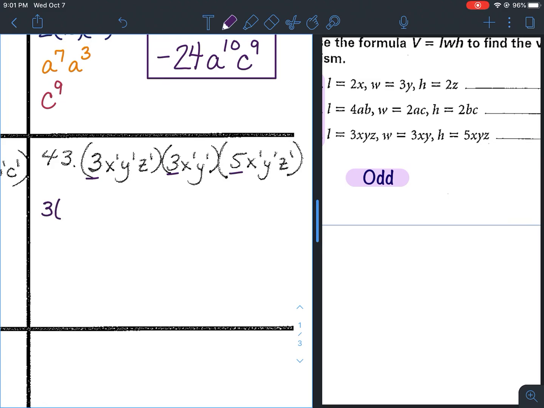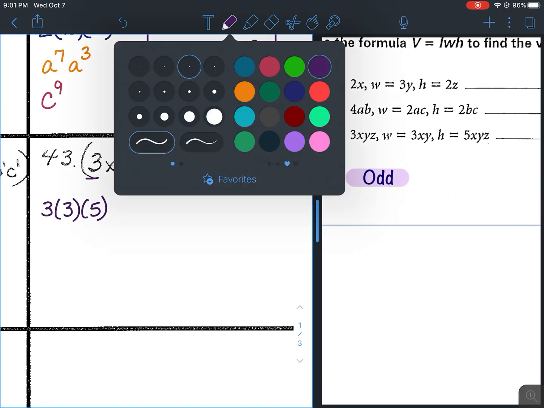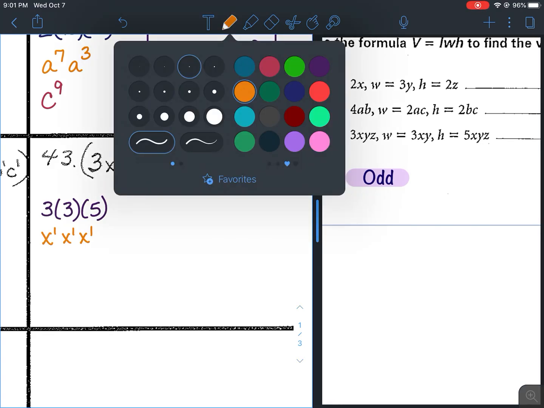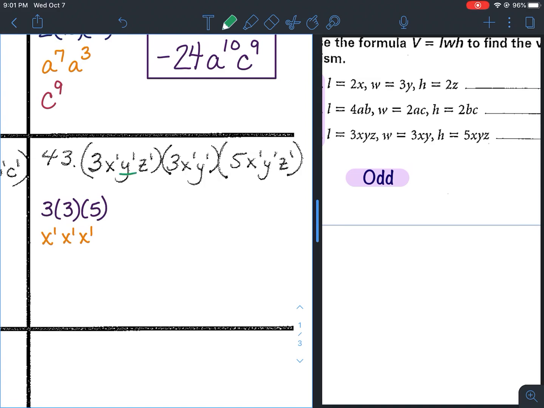I have 3 times 3 times 5. Now, like variables, I've got x to the 1st, x to the 1st, x to the 1st. Then I have y to the 1st, y to the 1st, y to the 1st.